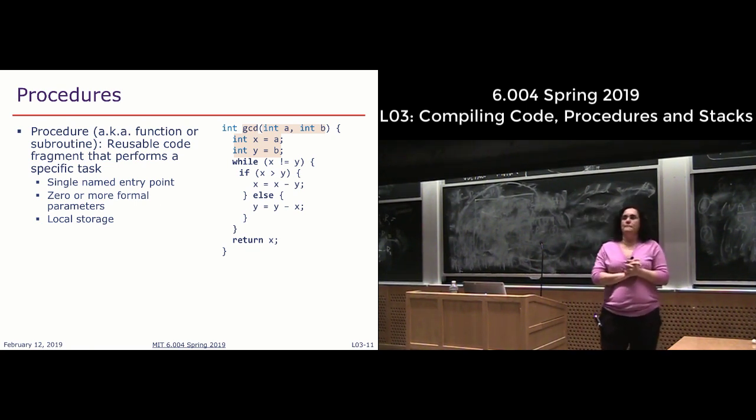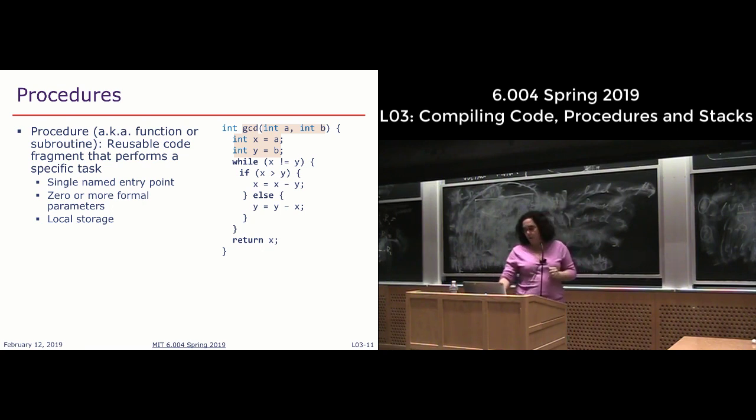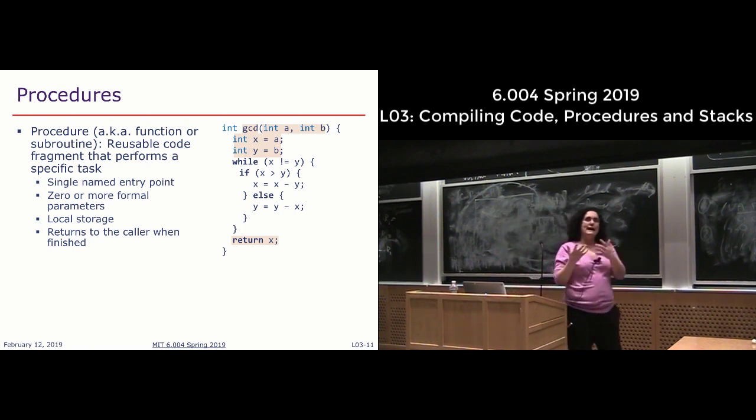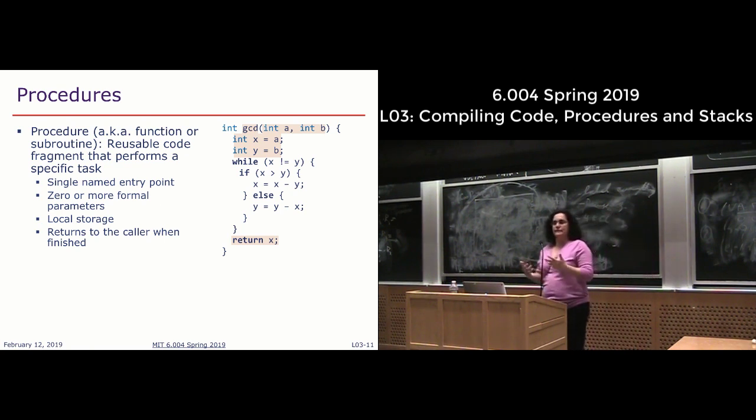It might not be sufficient to just use our registers in the implementation of our procedure, so we might have to have some dedicated memory space to hold some of our local variables. And finally, we have an exit point from our procedure where we give control back to whoever called this procedure in the first place, and we can either return a value or not, depending on the procedure.